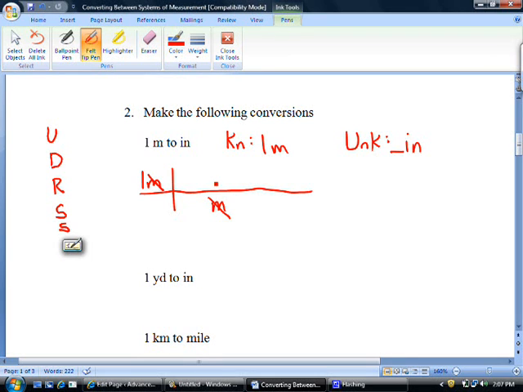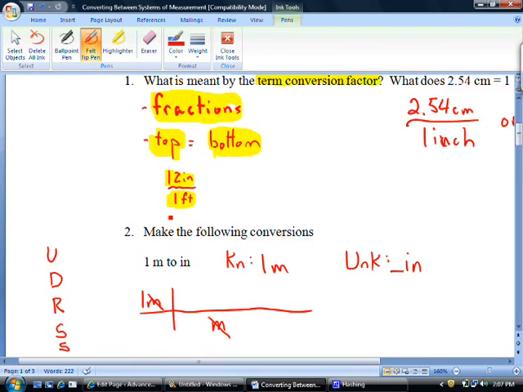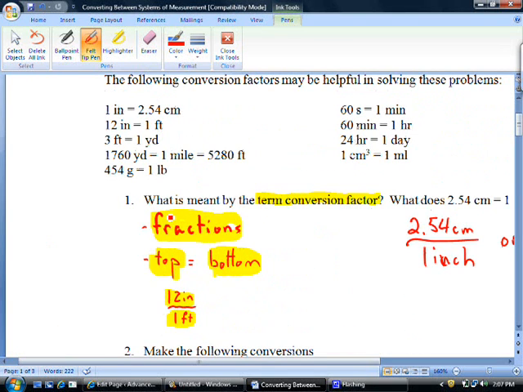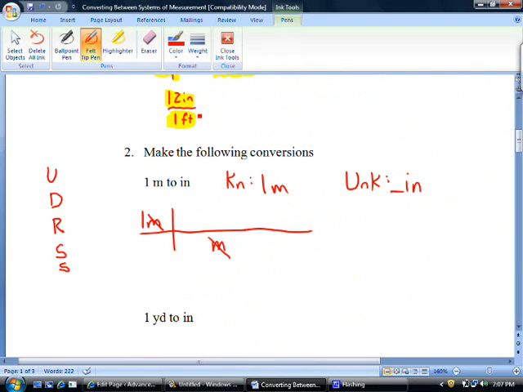I don't have a conversion factor. If I look back to the top of the page, I don't have a conversion factor from meters to inches. I have from inches to centimeters, but not to meters. So I'm going to have to convert meters to centimeters. Then I will be able to make centimeters convert to inches.